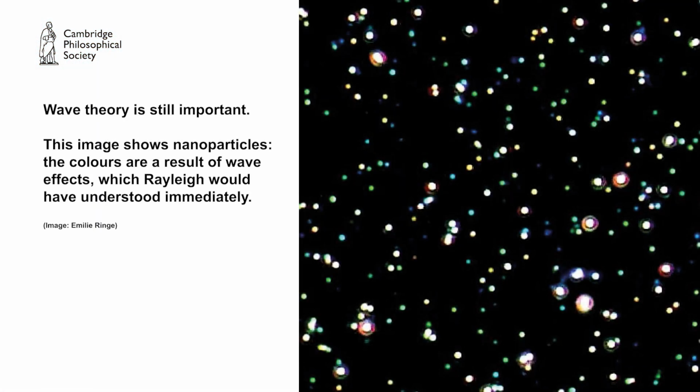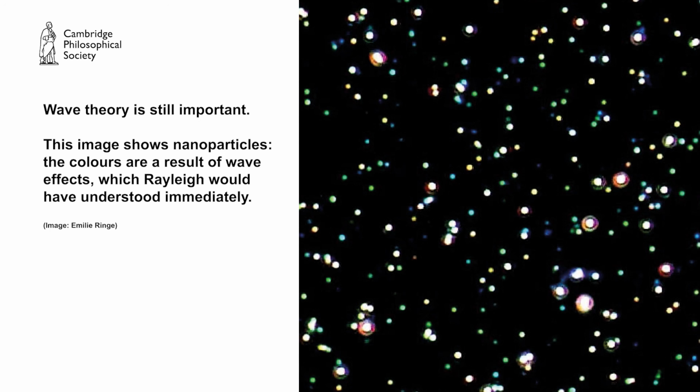And finally, a picture that brings us right up to date. Wave theory is still important. Here is a microscopic image, and you see all these colored spots here. These are nanoparticles. These are very small indeed. And those colors you're seeing are not the result of the particles being colored in the sense of having a dye of some kind in them.